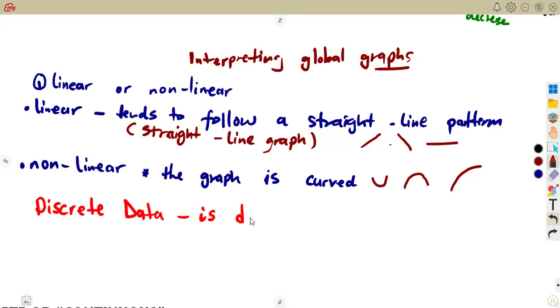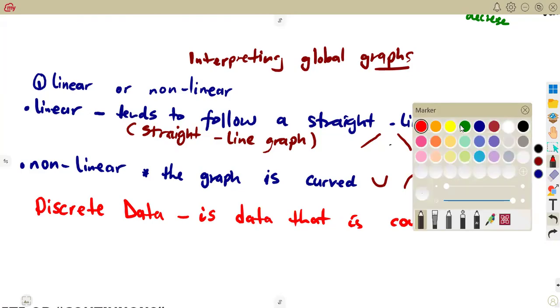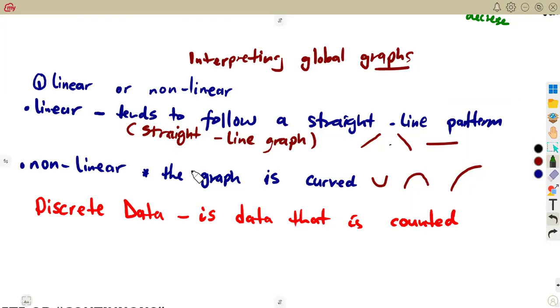So this one is data that can be counted, or simply, data that is counted. Let's talk of an example with you guys. You are at school in your grade 8, in a class.